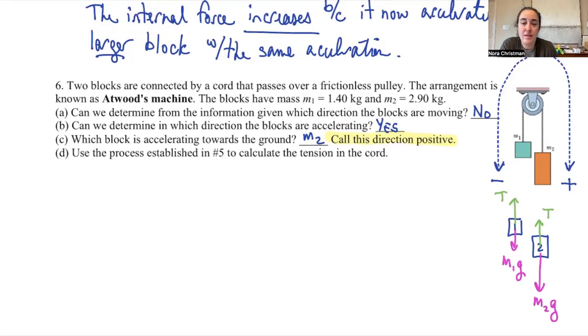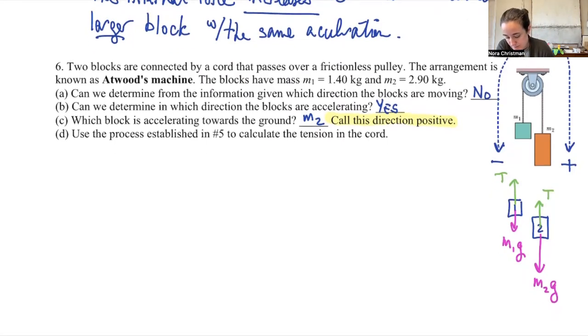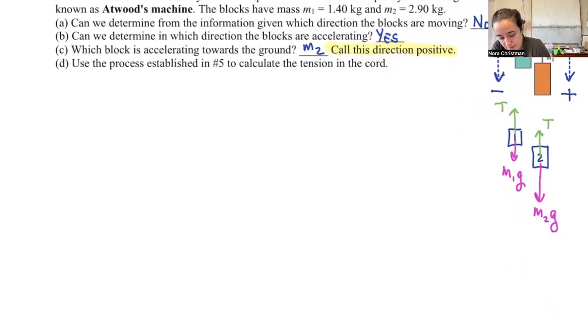This is also a Newton's third law pair. That tension is essentially the force of 1 on 2 and the force of 2 on 1, so they're the same size. You'll notice I didn't label them T1 and T2. A good thing to know is that the tension is going to be greater than M1G, but less than M2G.